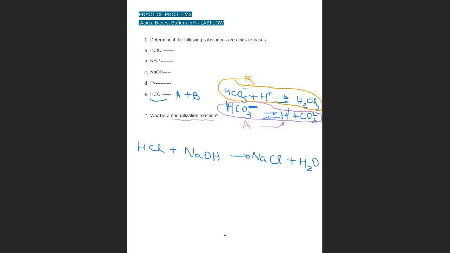So that is a neutralization. If you look at this, I don't know if you remember from Chem 1, it's kind of a double replacement reaction because this reacts with hydroxide to form the water. And the chloride reacts with the sodium to form the salt.